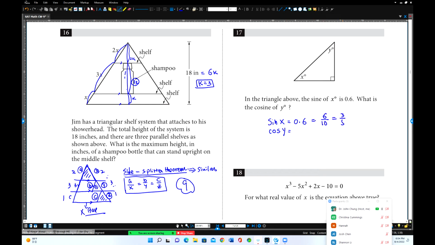You can use any numbers. Sine is opposite over hypotenuse. You guys know that. For this angle, this is 3, this is 5, and the other side will be 4, right? 3, 4, 5 is a right triangle triple. So now, cosine y is what?